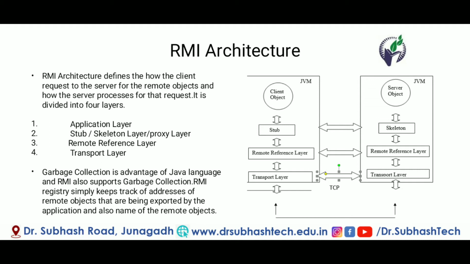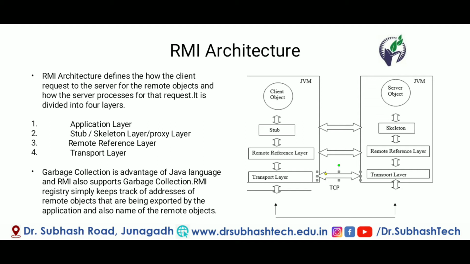So these are the basic layers, or we can say the basic components, in the RMI architecture. When we discuss the RMI architecture, it is generally divided into four layers: the application layer, the stub or skeleton layer, which we can also call the proxy layer, the remote reference layer, and the transport layer. All four layers are independent of each other, and they work connected with each other.